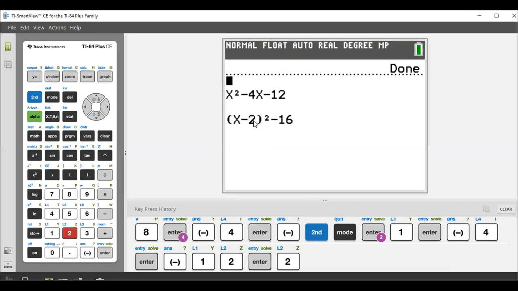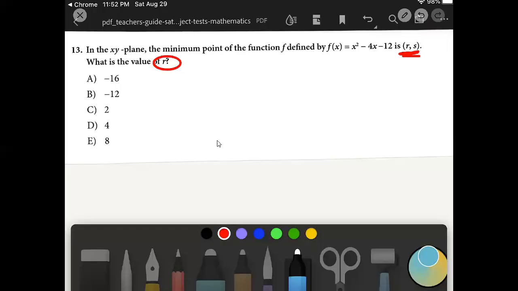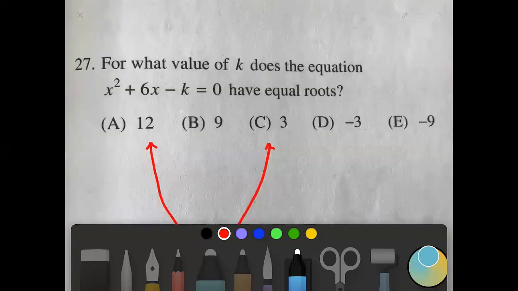And so the vertex, the X coordinate is 2, the Y coordinate is -16. So if we go to the exam, we would choose C. All right, pretty straightforward. Nothing too complicated about that.